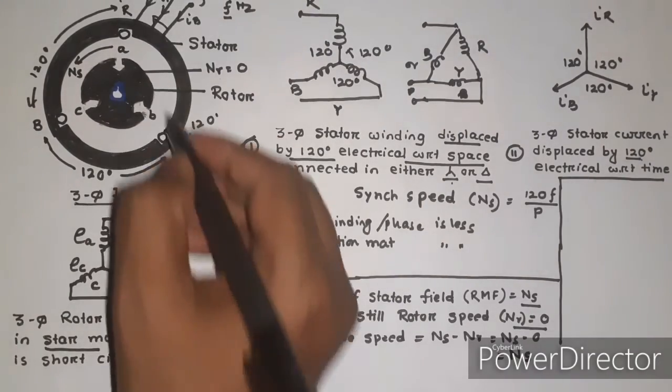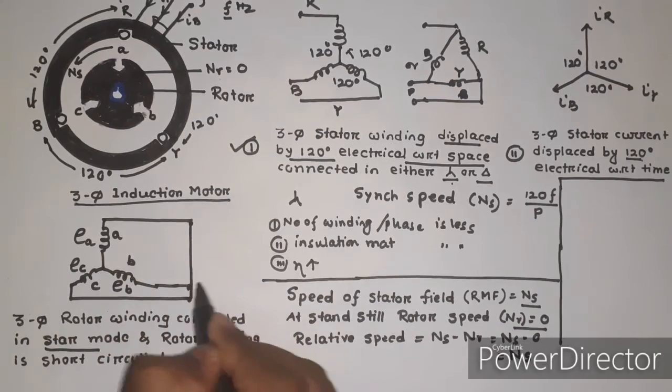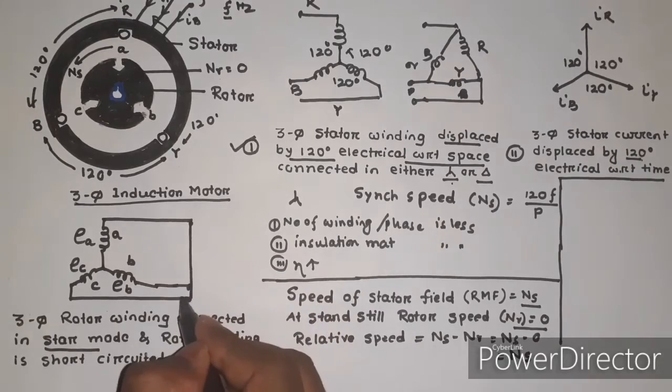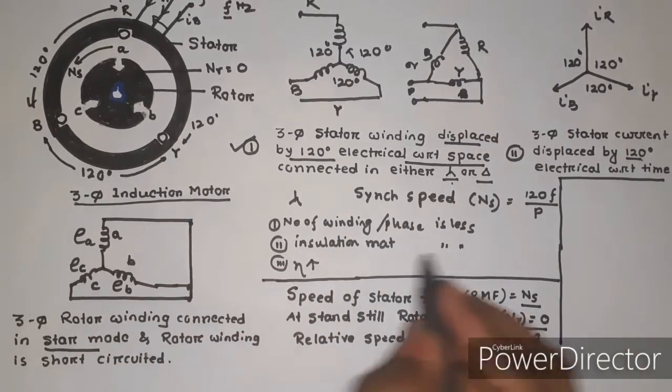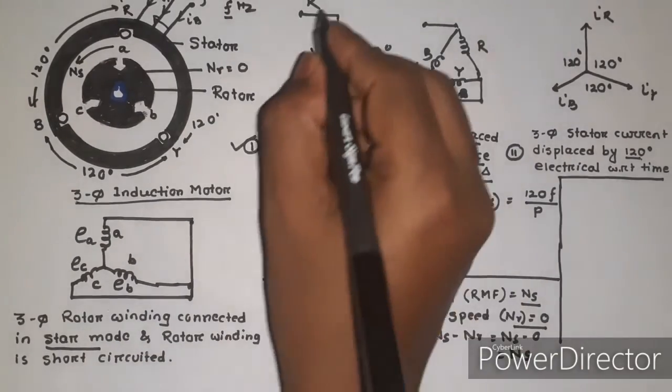Now, if the rotor winding is short circuited like this, depending on how it is short circuited, the three-phase induction motor is categorized into two types. It will be explained in the construction part of this induction motor.